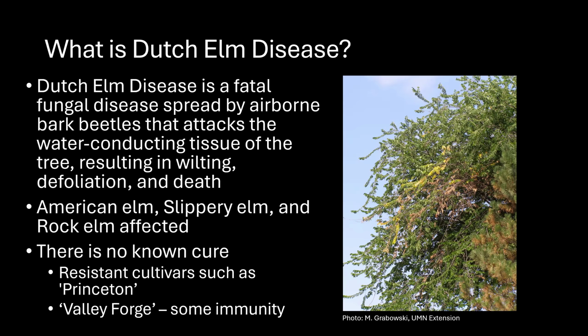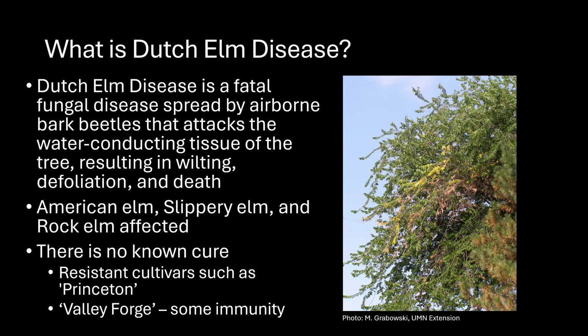Dutch elm disease, to give you a broad summary, which we'll dive more into in a minute, is a fatal fungal disease, so it's spread by a fungus. It's caused by a fungus that spreads through bark beetles that are feeding on the tree, and they attack the tissue of the tree, and this results in wilting, defoliation, and ultimately death, unfortunately.